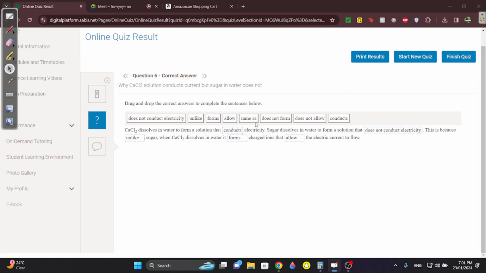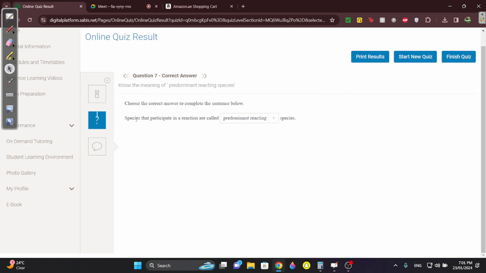Molecular compounds don't conduct electricity, with the exception of acids. Only acids are the molecules that conduct electricity. Unlike sugar, CaCl2, when it dissolves, forms charged ions that allow the electric current to flow. Question 7.